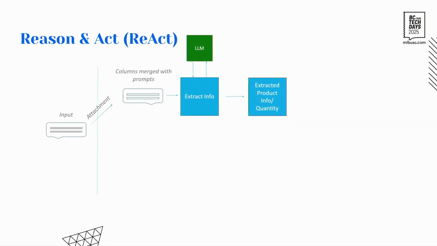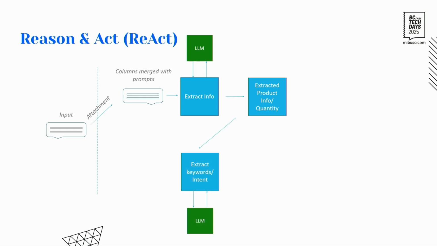I'll come back to this example of the sales line suggestions, because I think it's a good one. At the top, as I had previously shown, you give it an attachment, and from there it takes the columns and extracts that information out to determine what is in this table or attachment that you've given it.